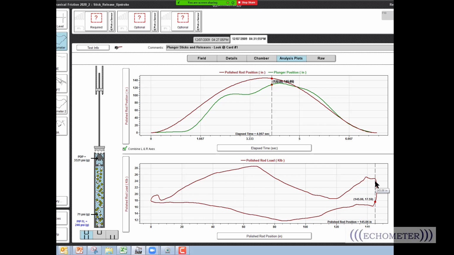Okay, so that's kind of interesting. To me, this is an interesting relationship between what's going on right here and this portion of the surface dynamometer card. It's an indication of downhole sticking, friction, release of friction.